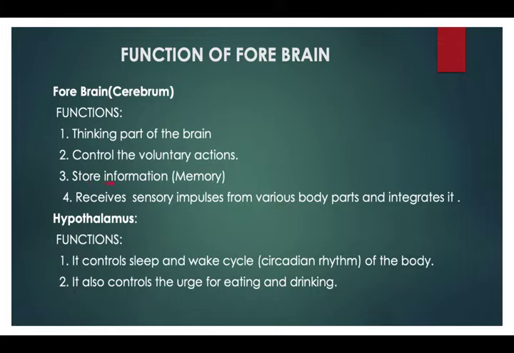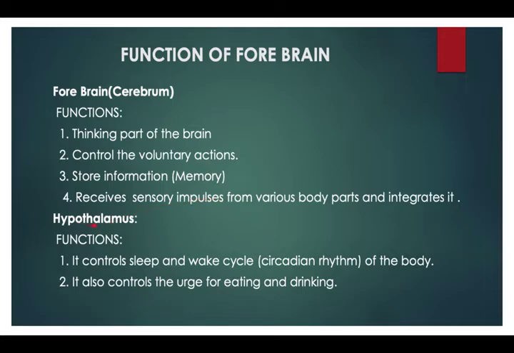It stores information in the form of memory, and it receives sensory impulses from various body parts and integrates them. Means there are different types of receptors, or reception areas, in this part to receive stimulus from the different parts of the body.